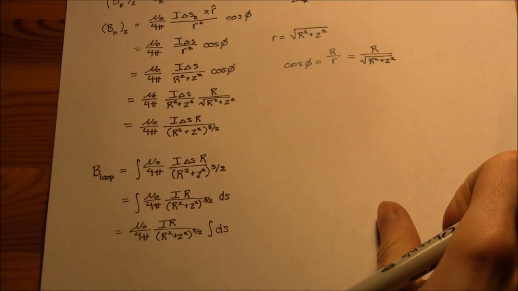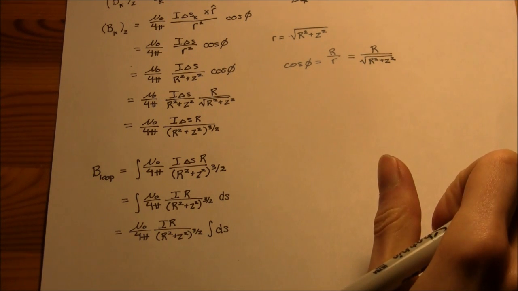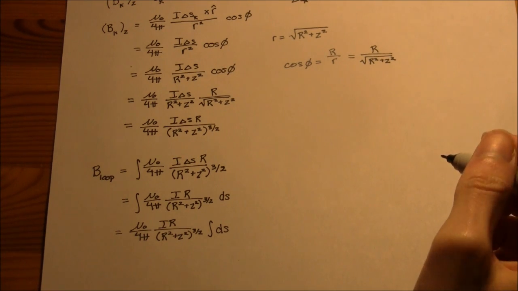And in order to determine the integral of dS, dS is representing here the circumference of the loop, or basically the length of the loop.